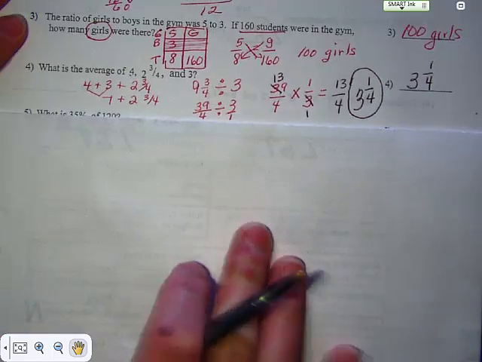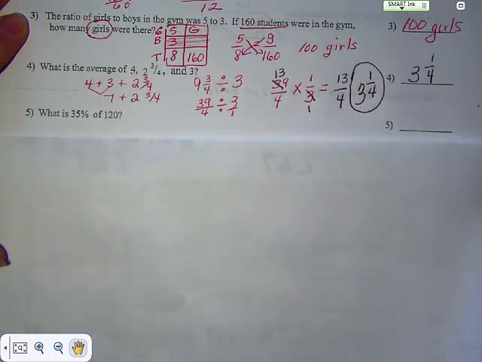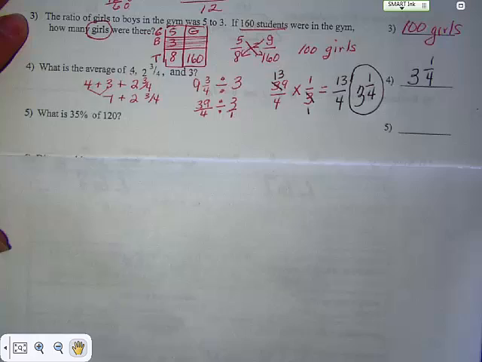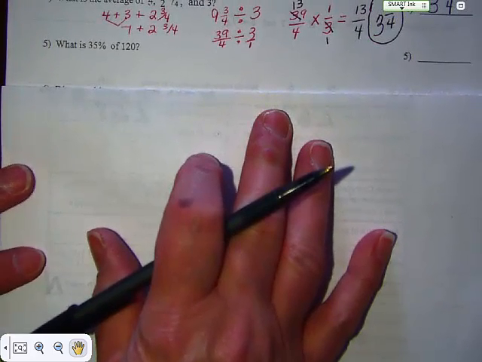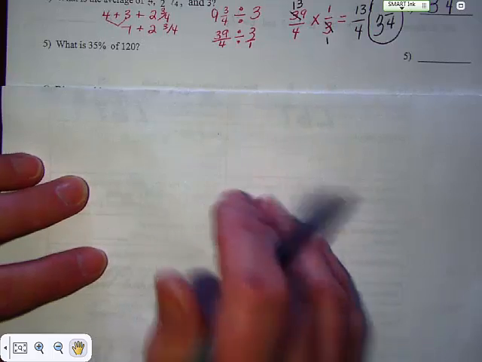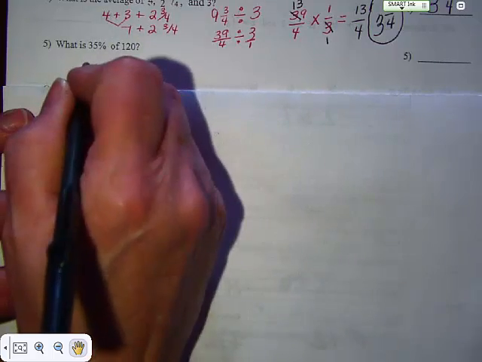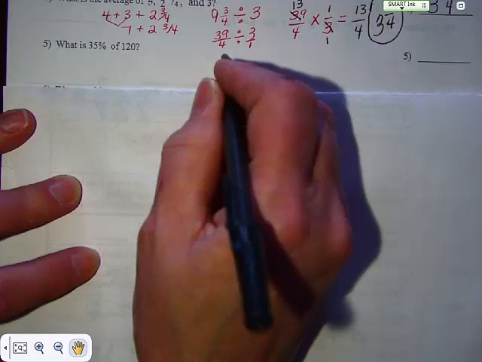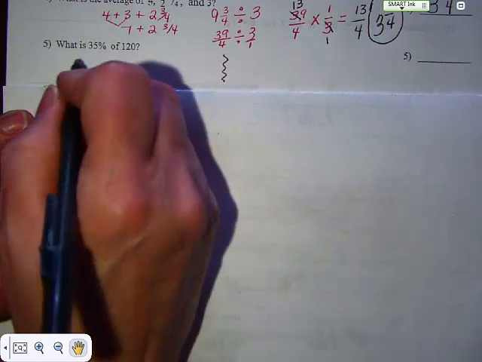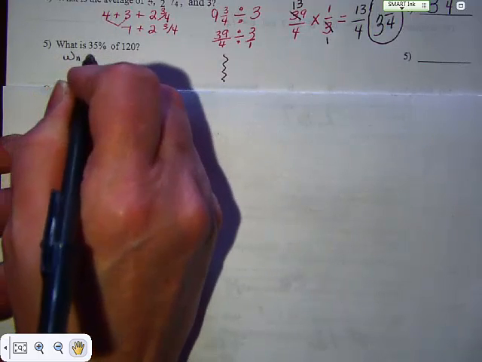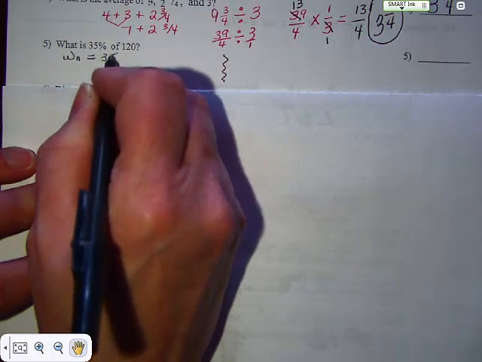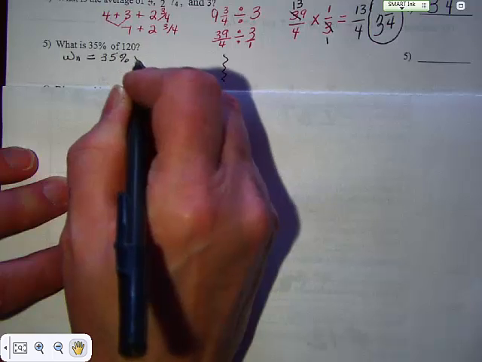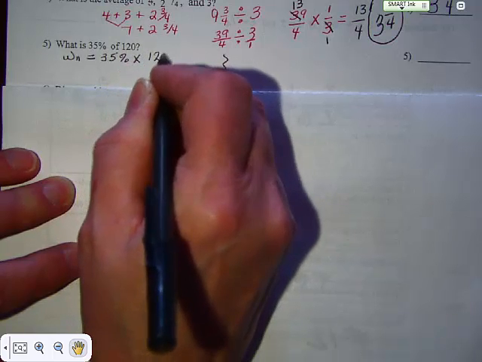Okay. Next problem, and I know I'm speeding along, but this is the idea so that you can go in and work these yourself. The next one says, what is 35% of 120? Well, there's 2 ways to do this, and I'm not going to labor this one too much. What number, "what" means equal, okay? 35% "of" means multiply 120.